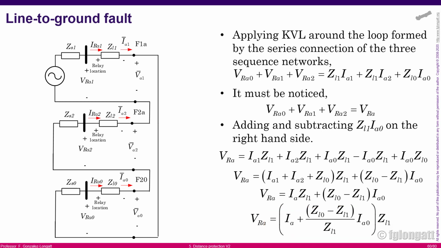That expression over here, you have the phase A current, but here also you have the zero sequence current, okay? What I want to do is use more symmetrical components and do a very interesting trick here.